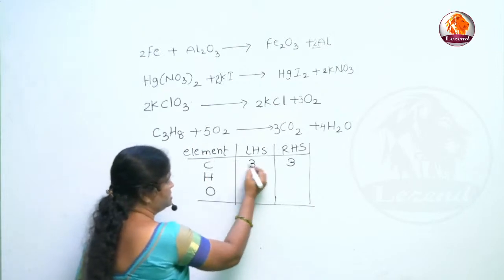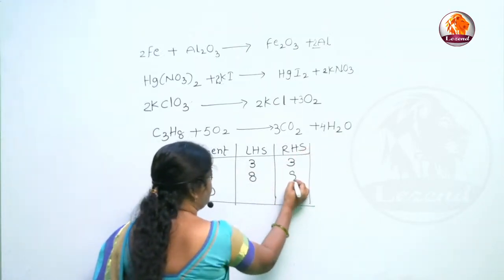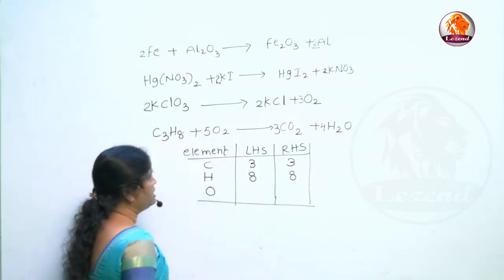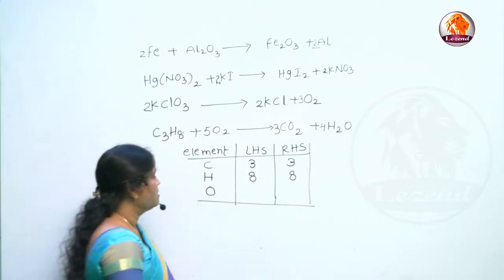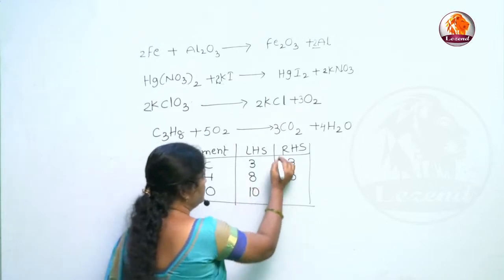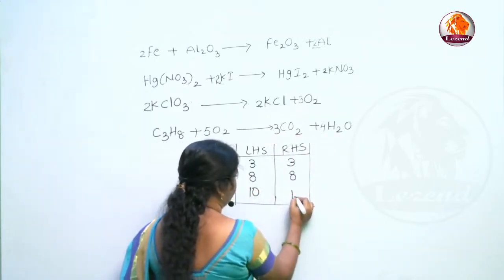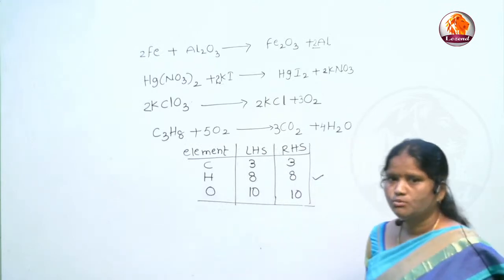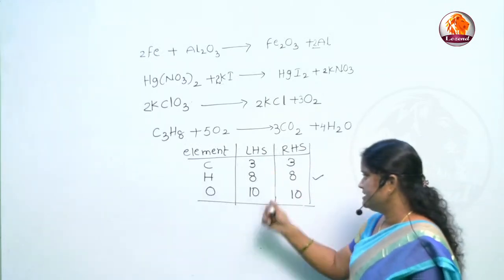Hydrogen: 8, and on the right side 4 2s are 8. Oxygen: 5 2s are 10. Propane does not have any oxygen atoms, only the oxygen molecules, 10. On the right side 3 2s are 6 plus 4, 10. Look at the table: the atoms of each element are equal on both the left hand side and the right hand side.